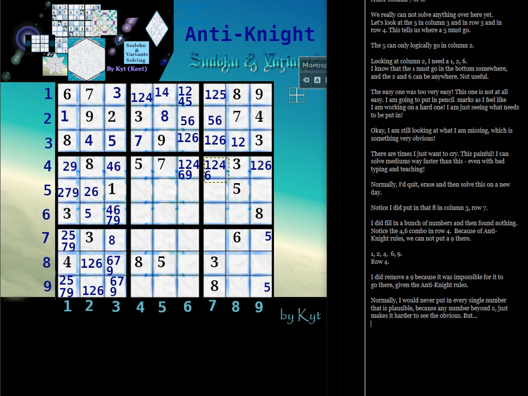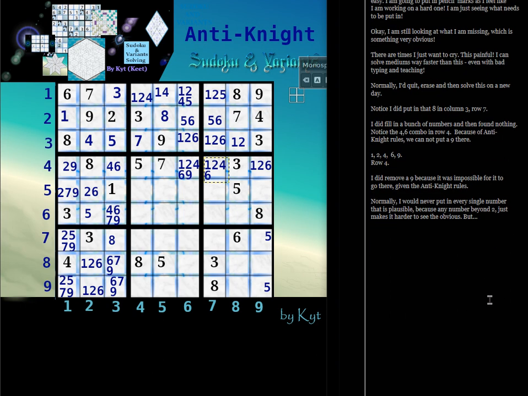But once you put in all the places where two numbers could go and you still don't see anything, then you put in the third number until you see the obvious.